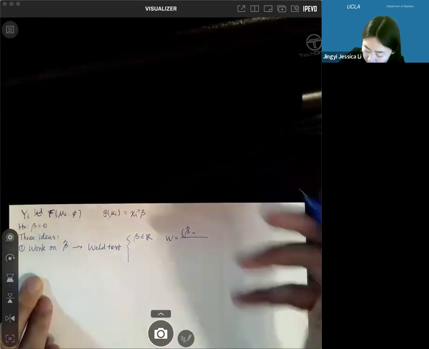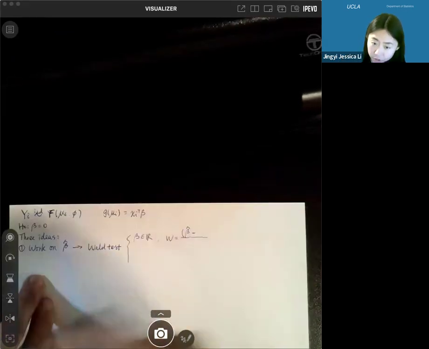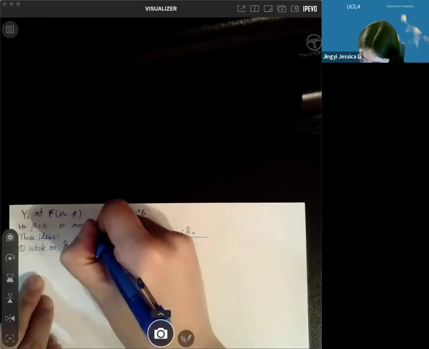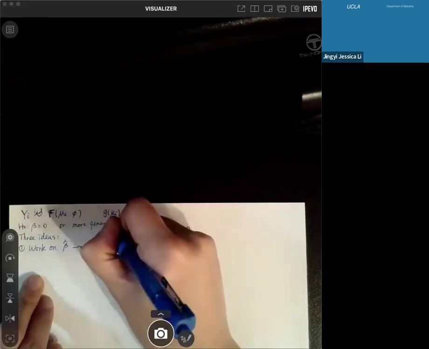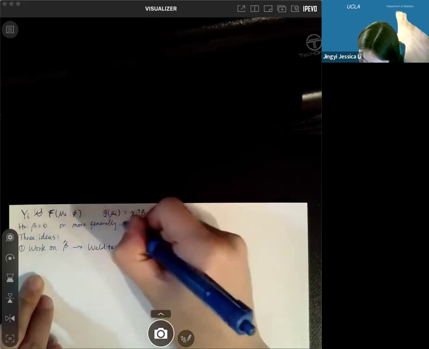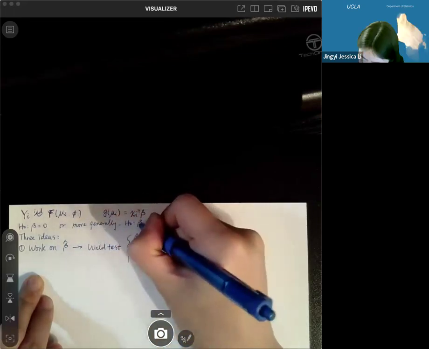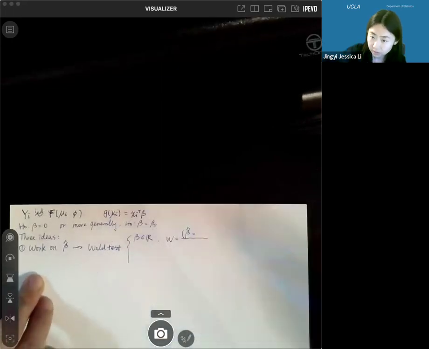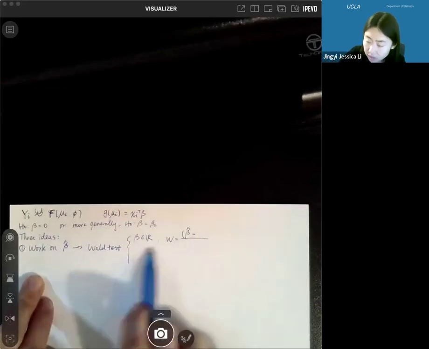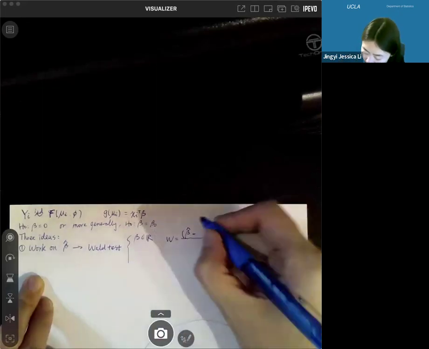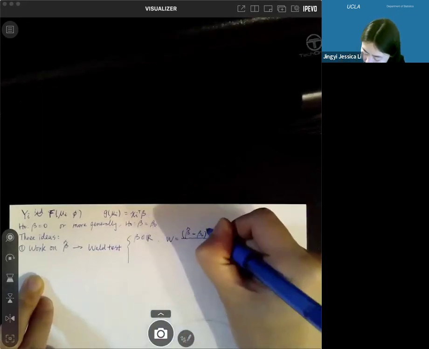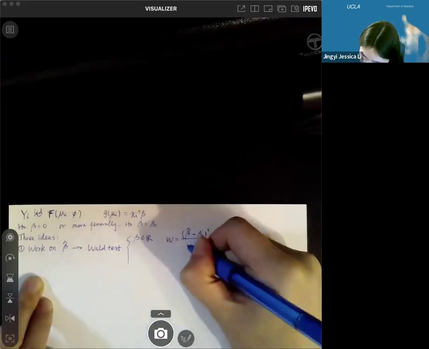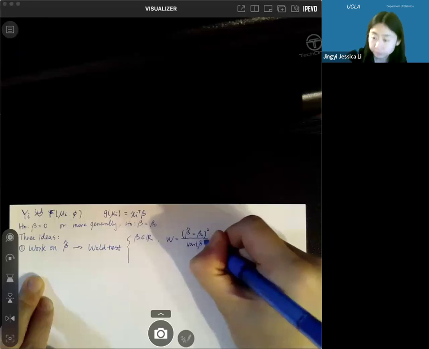Here it's zero, but maybe we can write it more generally: the null hypothesis is that beta is a specified value, say beta zero. Let's use this as the more general form. In this case, the Wald statistic will be beta hat minus beta zero squared divided by the variance of beta hat.